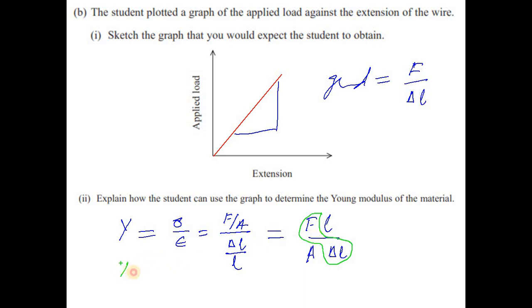That means Young modulus can be found by multiplying the gradient by length over area. That's how a student can use the data to figure out the Young modulus.